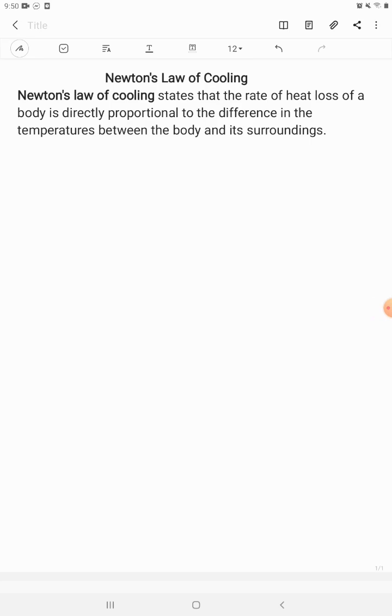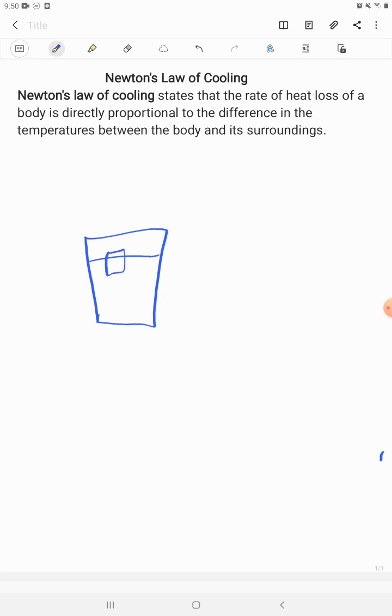This is very observable in nature. For instance, if you have a cup of water and you place ice cubes, the ice cubes will melt faster if the difference in temperature between the ice cube and the water is greater.